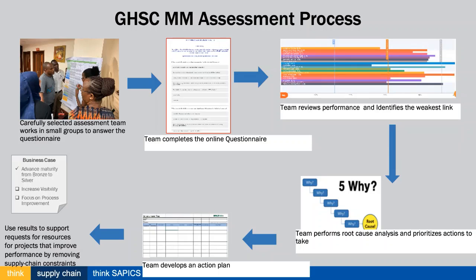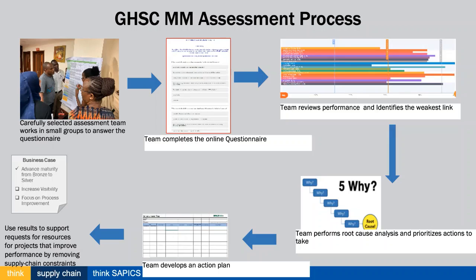The team then completes the online questionnaire. Once the questionnaire has been completed, the team reviews the performance, identifies the weakest link, and once that has been done, we then perform a root cause analysis, and from the root cause analysis, we look at what actions can be taken and how to prioritize those actions.